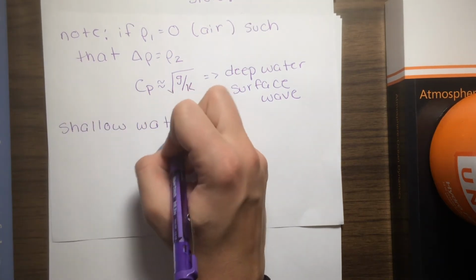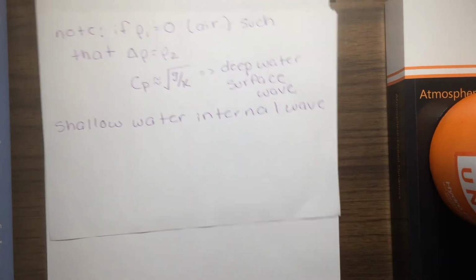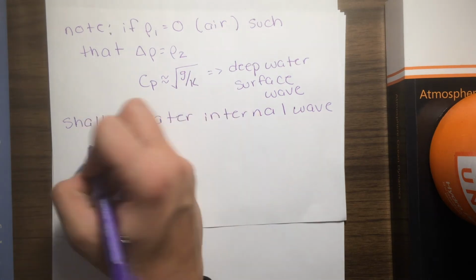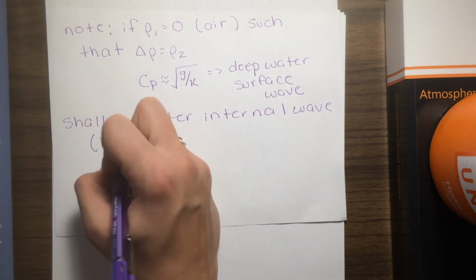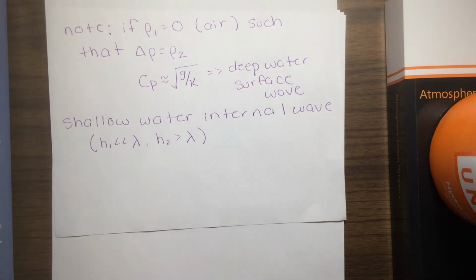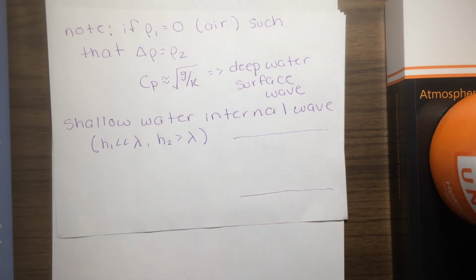A shallow water internal wave, which typically happens in the thermocline in the open ocean, is one such that h1 is much less than the wavelength, but h2 is greater than the wavelength. We see why this happens. This is confined to the thermocline surface layers, where density changes rapidly close to the surface.